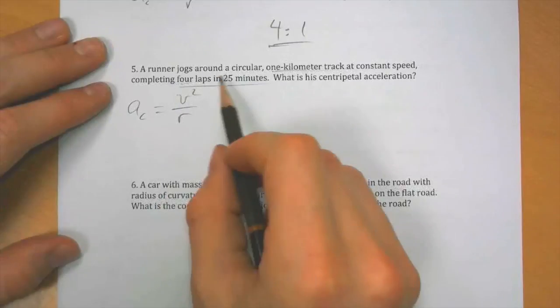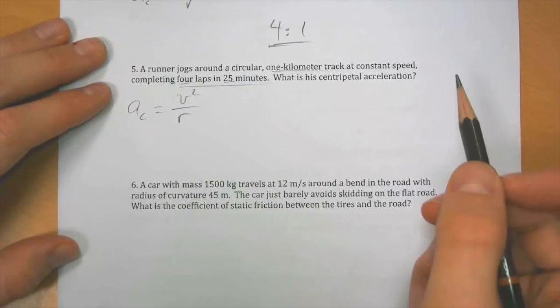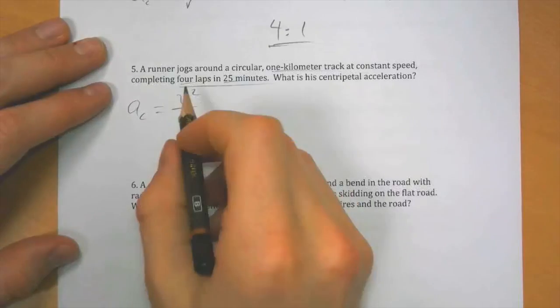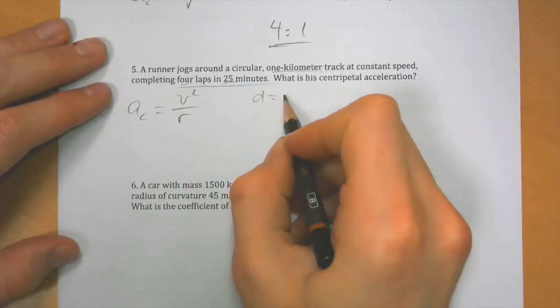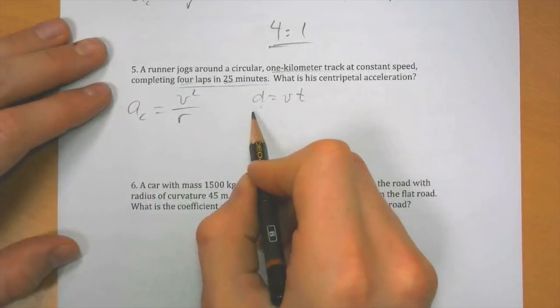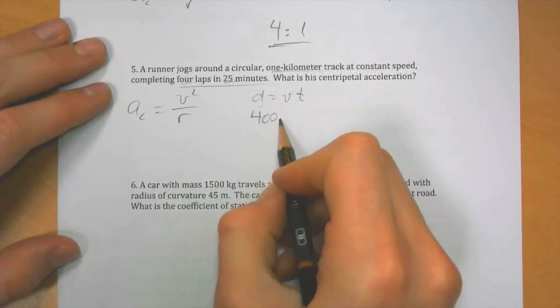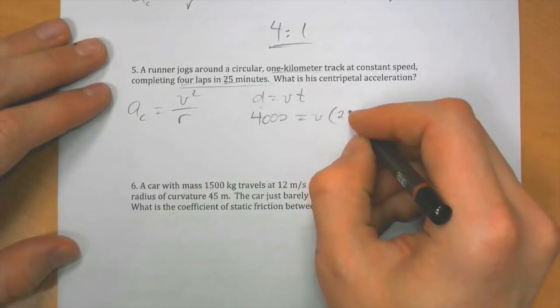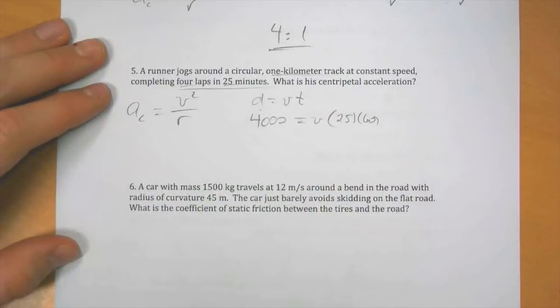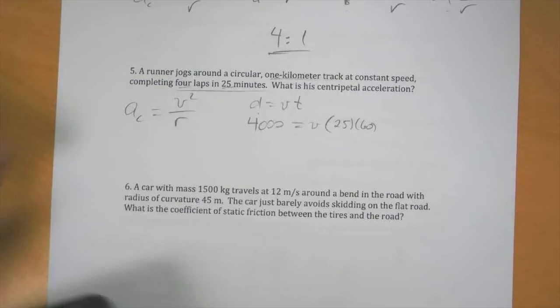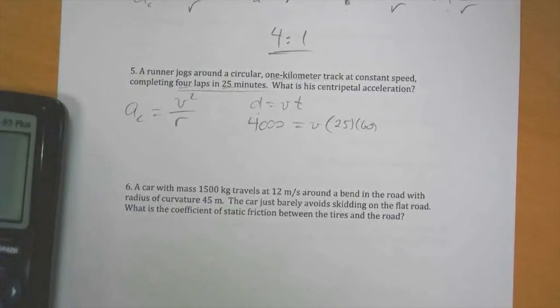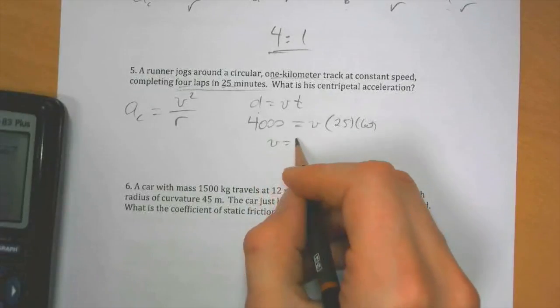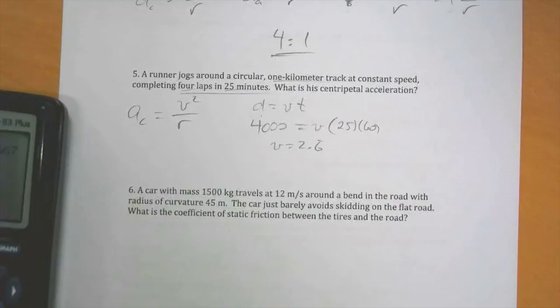Well, 4 laps, 25 minutes. 4 laps is 4 kilometers, which is 4,000 meters, and the time is 25 minutes, which is 25 times 60 seconds. So if we take 4,000 divided by 25 times 60, we get that our velocity is 2.6 repeating meters per second. I will store that value as v.